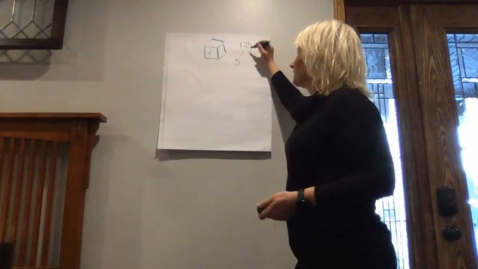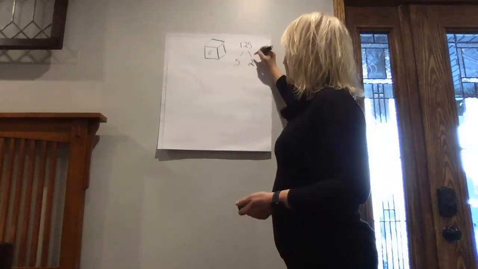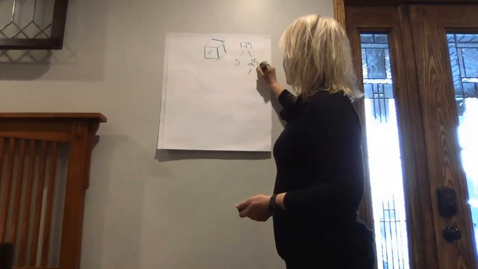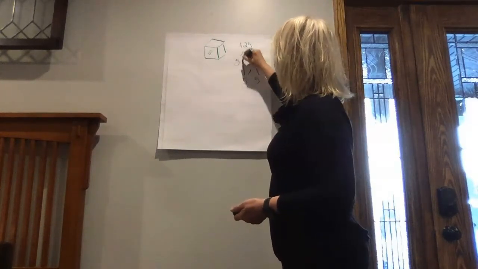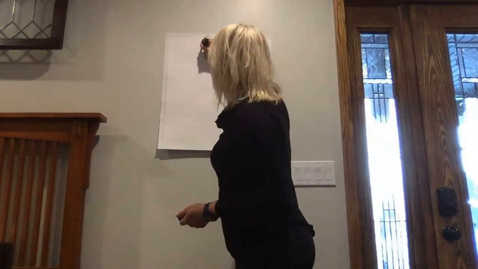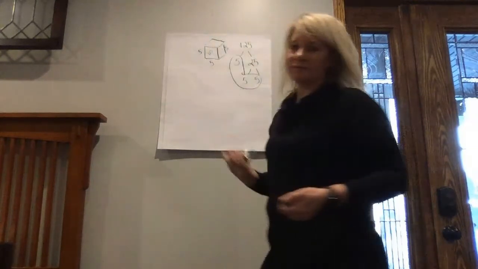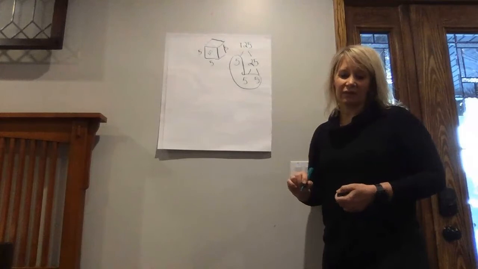So if I divide 125 by 5, I get 25, and then 25 is 5 and 5. So here's our 3 5s. So then we know that each side length, or its dimensions, are 5. Okay? So that's how you do that one.